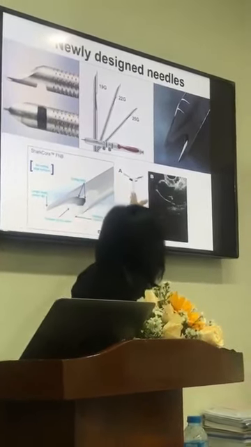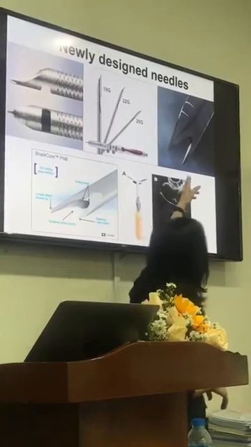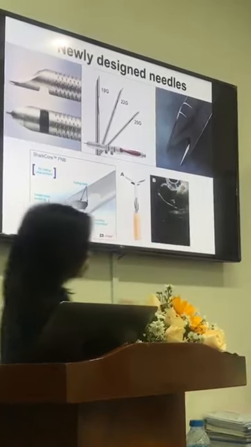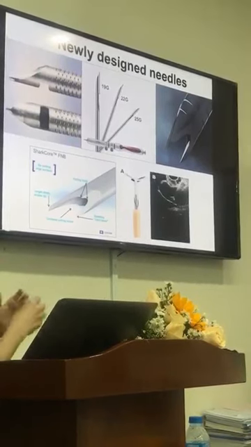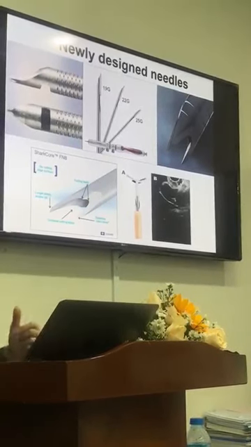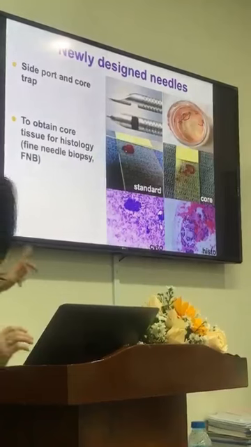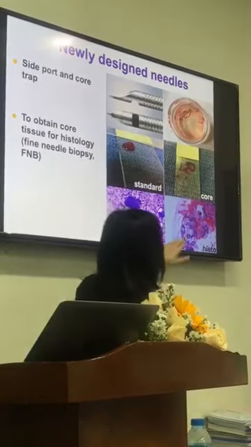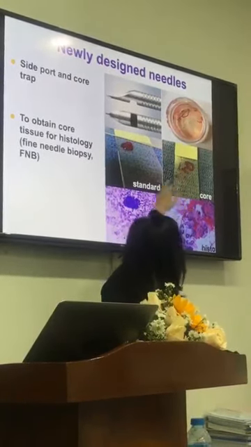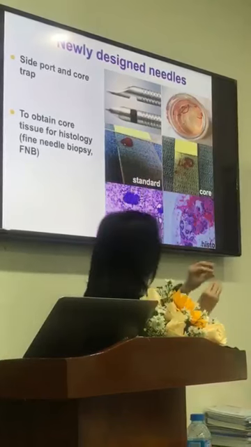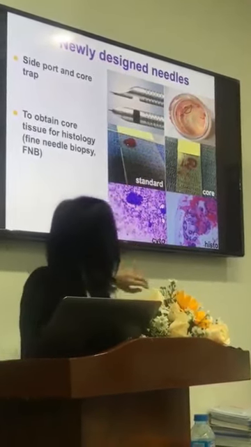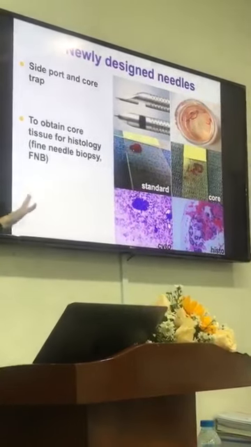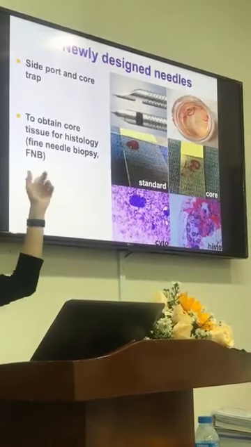You also have biopsy forceps, and this is a Franseen needle, which is designed in such a way that you get more tissue. So these needles will allow you to get this kind of specimen instead of a smush of blood, and you get more histology compared to cytology.